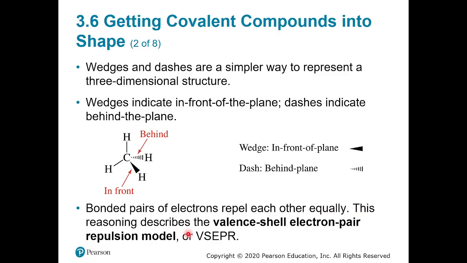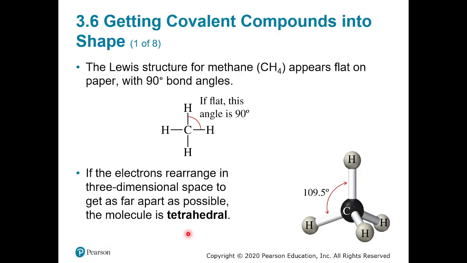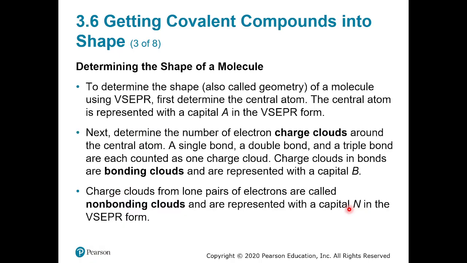Essentially what it says is the sets of electrons are going to repel each other, and so they're going to spread out as much as they can. And that same reasoning is what I gave you for tetrahedral, because they're going to repel each other. They're going to try to be as far apart as they can get.